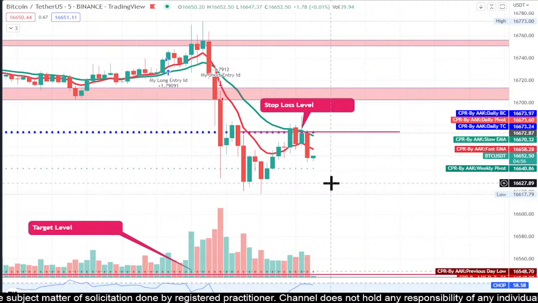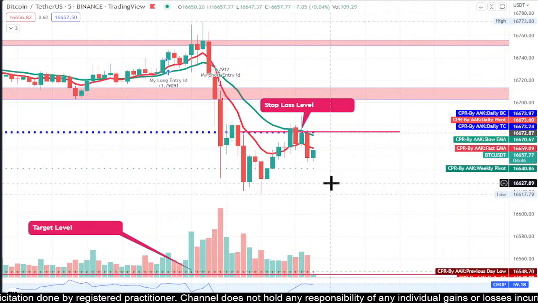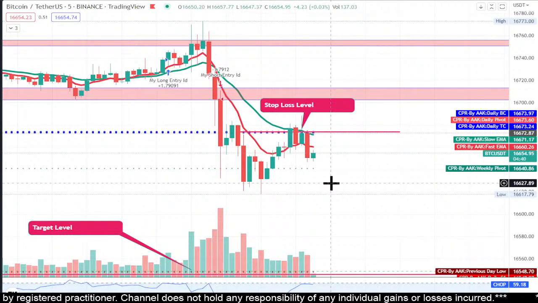We are looking for a target of 550 points, which will give us an awesome profit. Though the movement is a little sideways because the market gave a very sharp fall. So right now the movement is pretty choppy and sideways, so it will take some time to reach the level, but gradually it will reach the level.